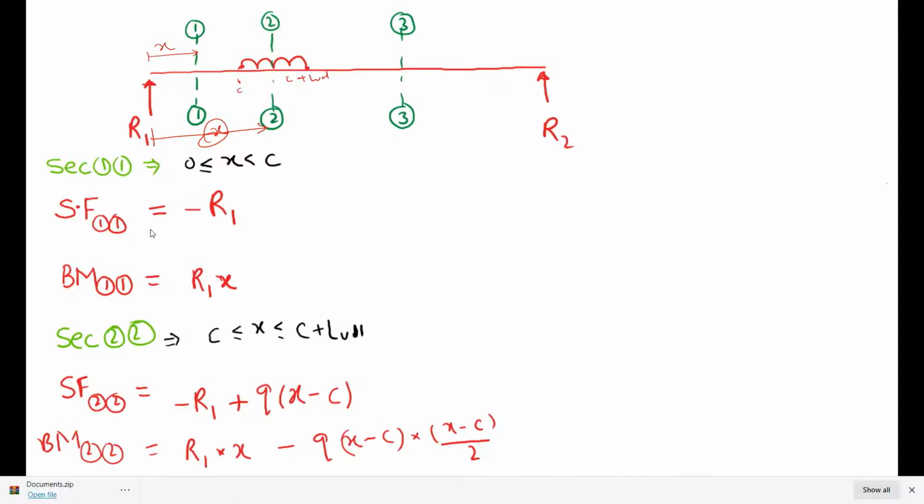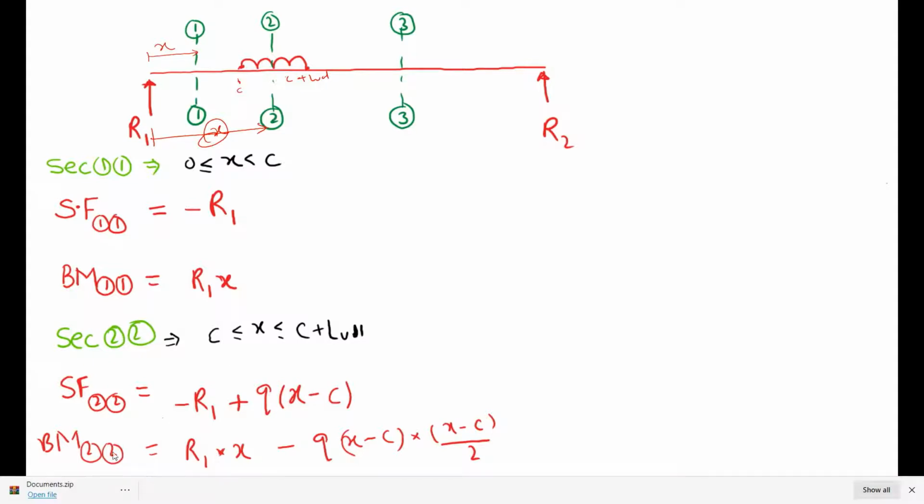The sum of the forces would be minus R1, and this load, from here to here, is acting on the left side of the section, so it would be downward positive. So plus Q into x minus C, where C was this distance from here to here. So the shear force at section 2-2 would be this value.